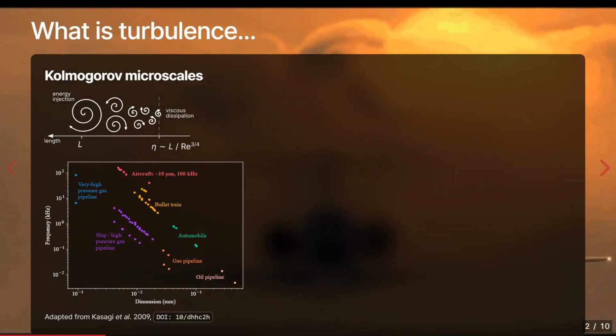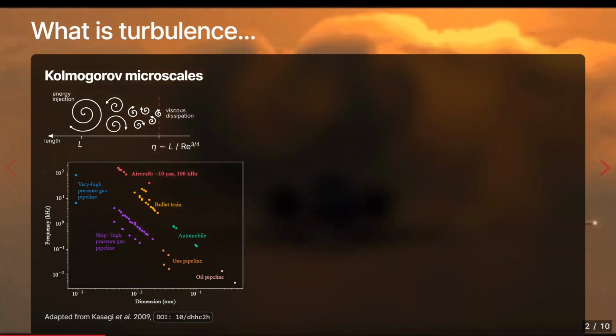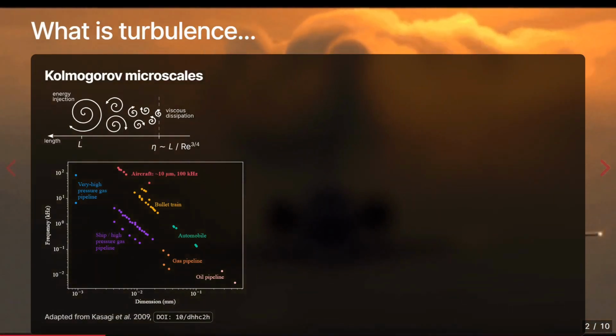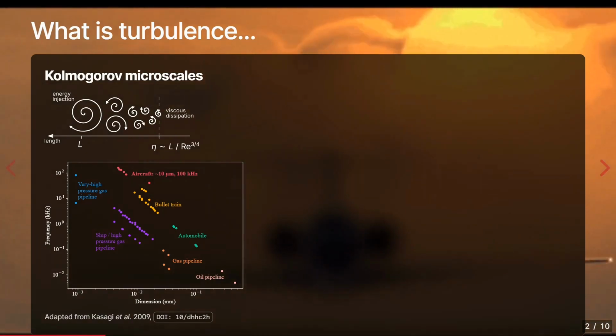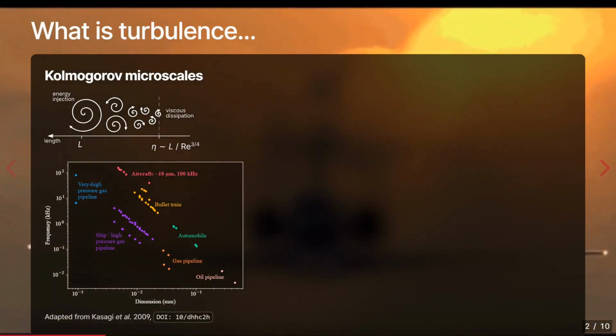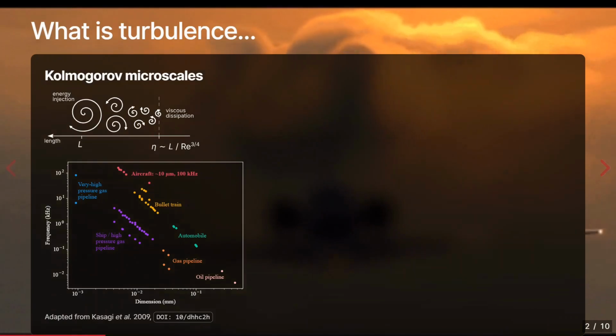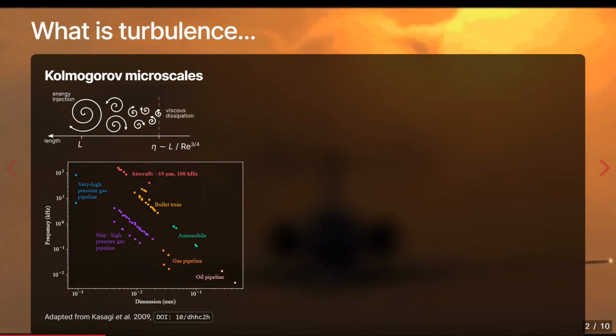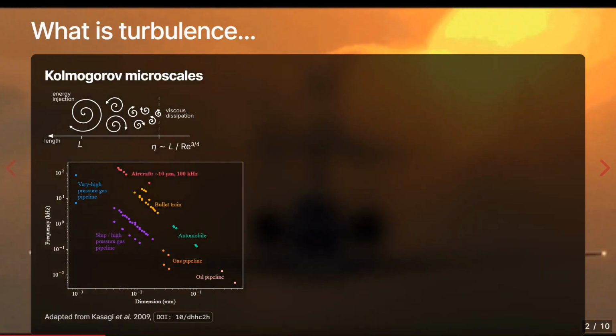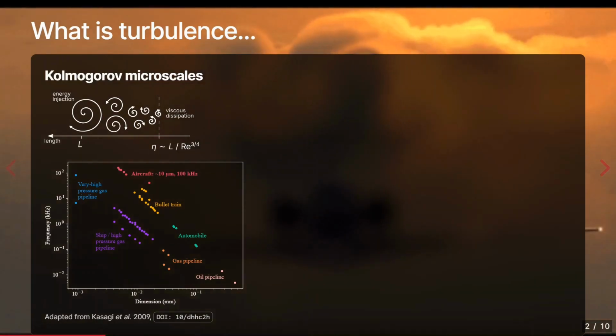So say for the aircraft, it's kind of the worst case. You can have eddies which are 10 microns across and which oscillate at 100 kilohertz. So small phenomenon, fast phenomenon, it's not the easiest thing to measure.